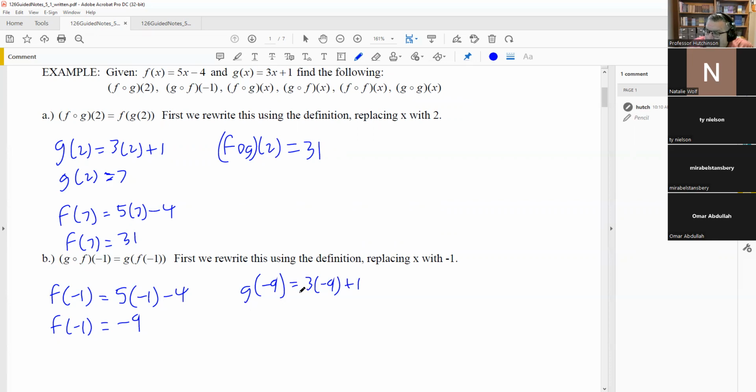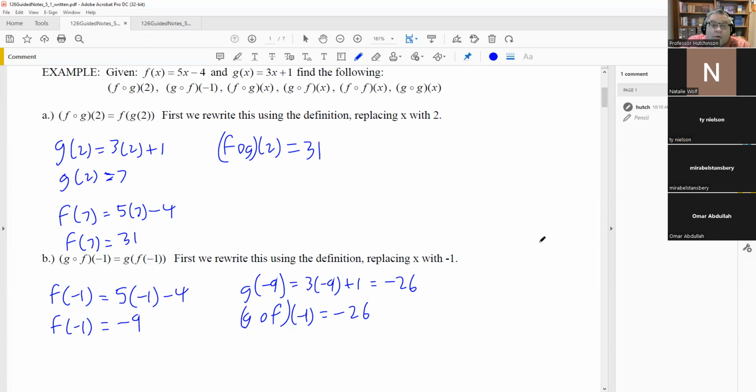And so this is going to give us -27 plus 1, so we get -26. So that tells us that g of f of -1 is equal to -26. That's going to be our answer for that one.